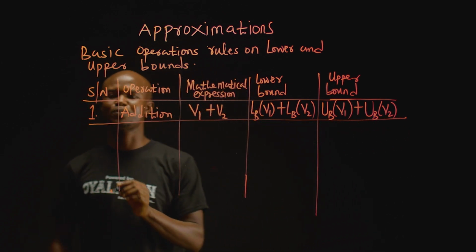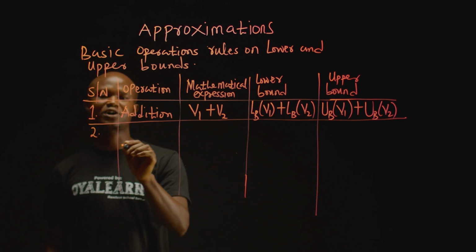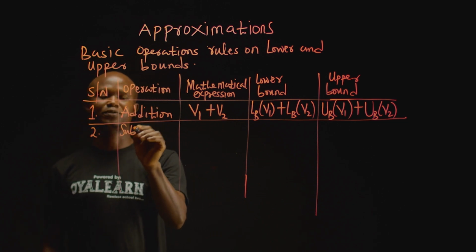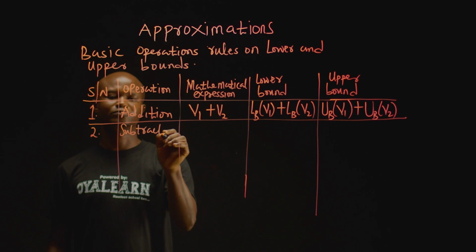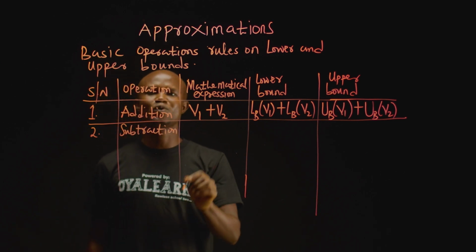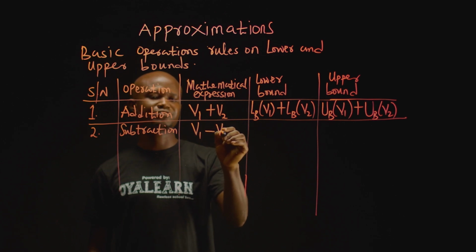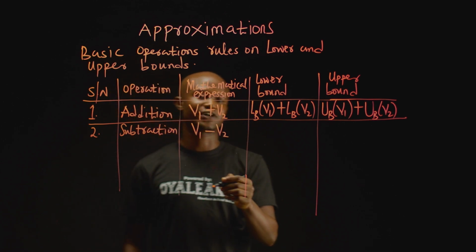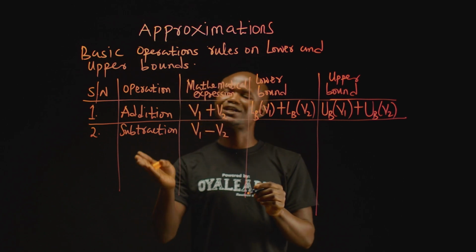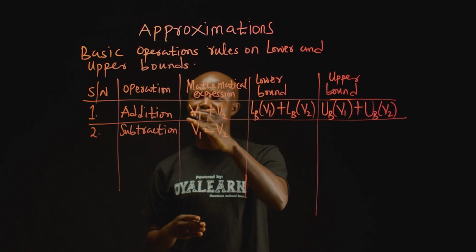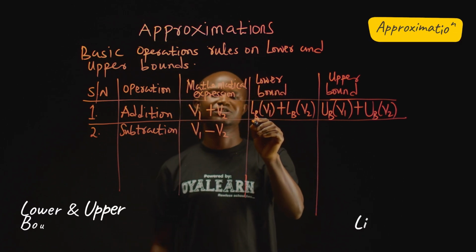Now we look at subtraction. That's the next operation. Now we can have V1 minus V2. That is first value minus second value. Now for that of subtraction is different from addition. Please take note.